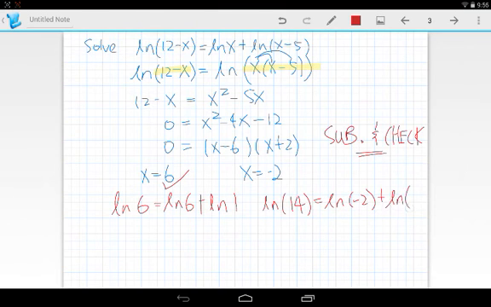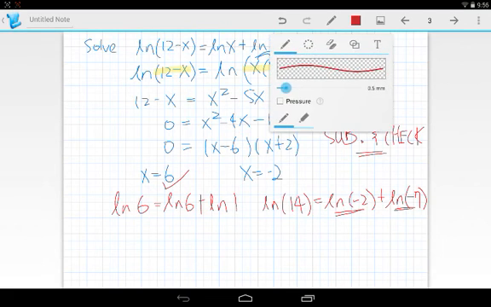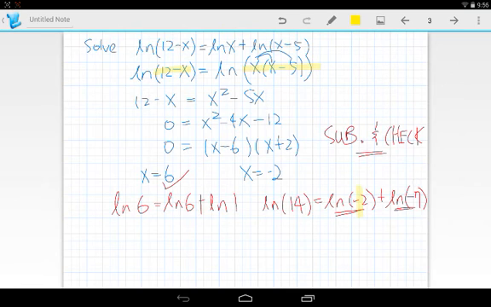When we see a log equation, we should watch out if we're taking the log of a negative number. Here we have negative 2 and negative 7, and you should have exclamation marks, because if I look at the domain of a log function, it cannot be negative.